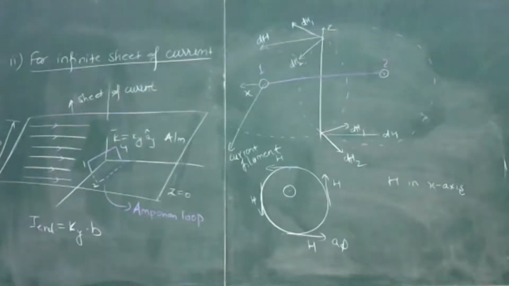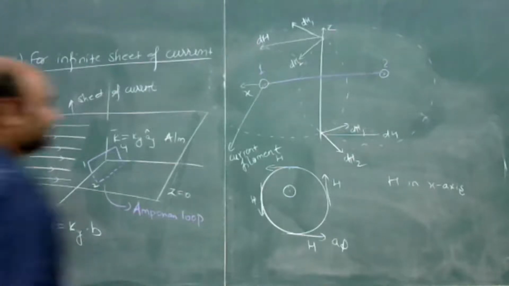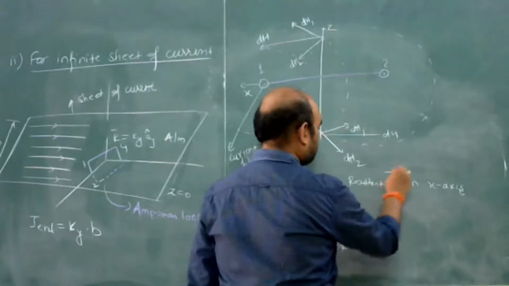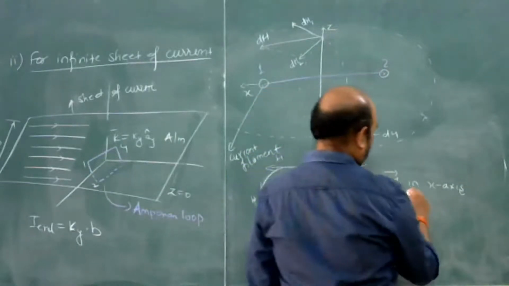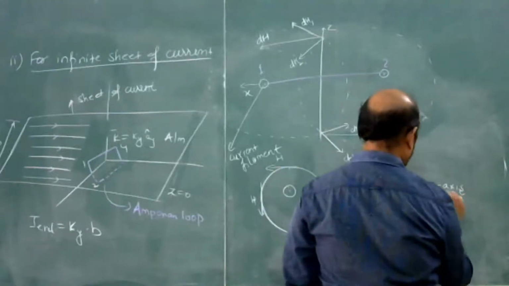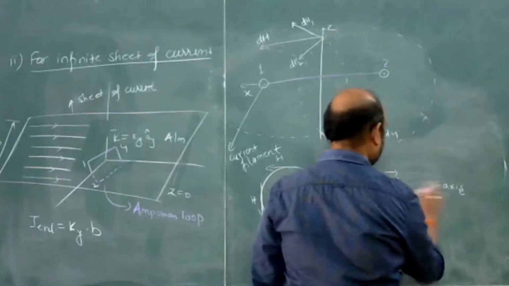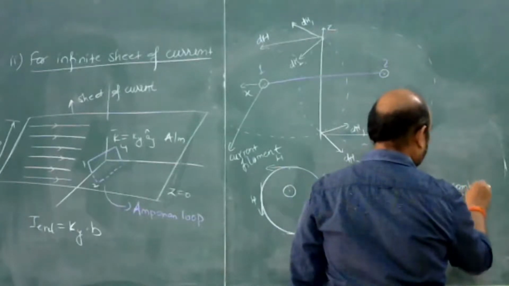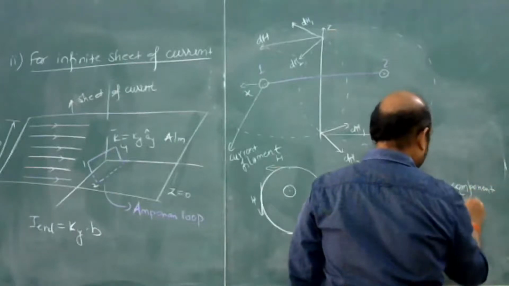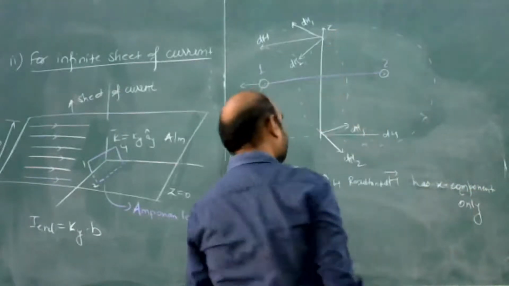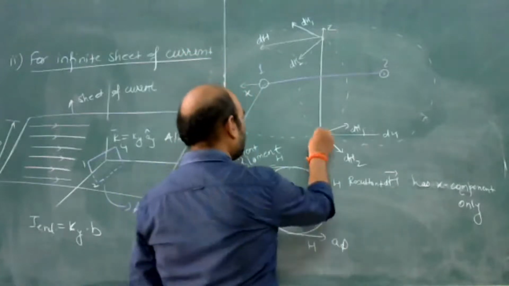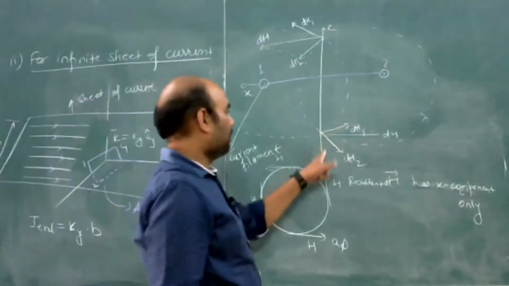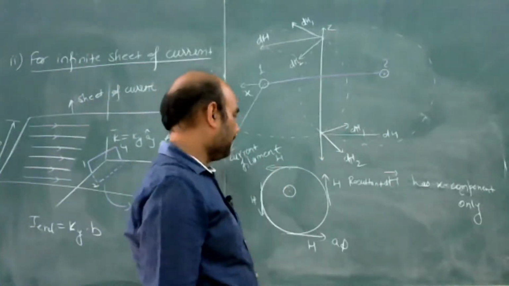So the resultant DH is in the x-axis, as the x component. And the DH z component will get cancelled due to symmetry. So the Hz components will cancel out each other.